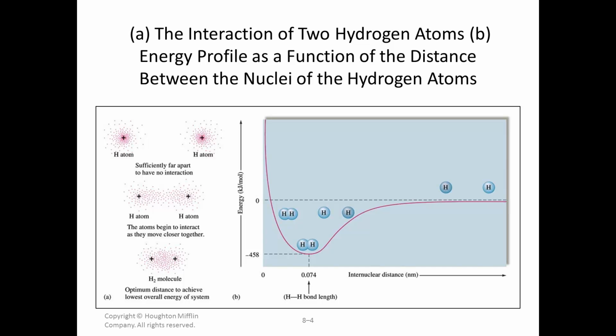Keep in mind that the hydrogen atom has a proton in its nucleus and one electron, again at some distance R, which is the bond length, 0.074 nanometers.